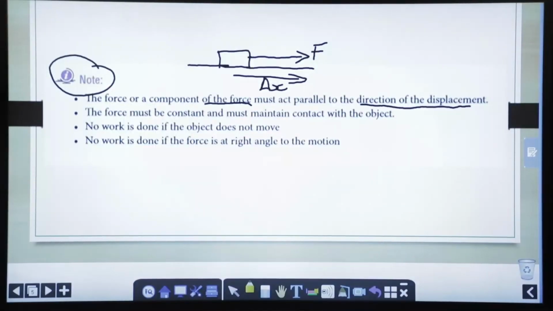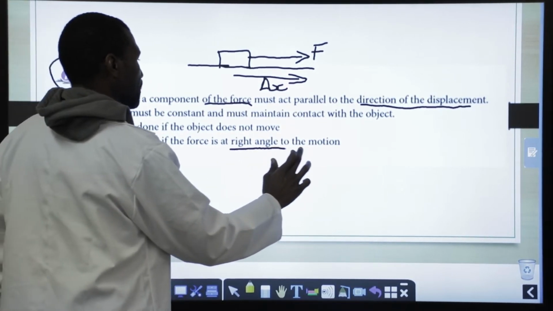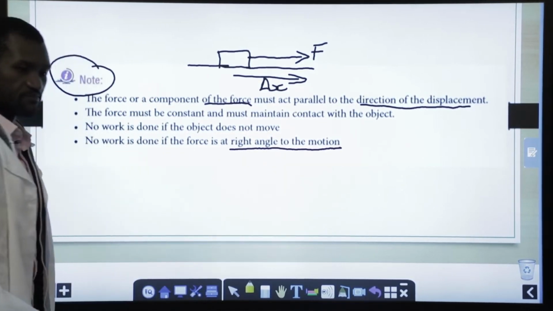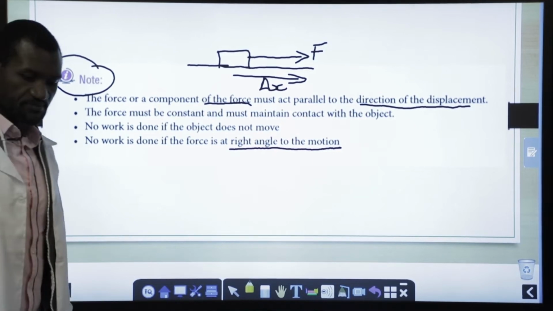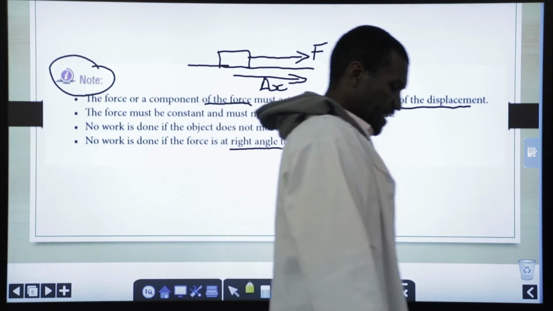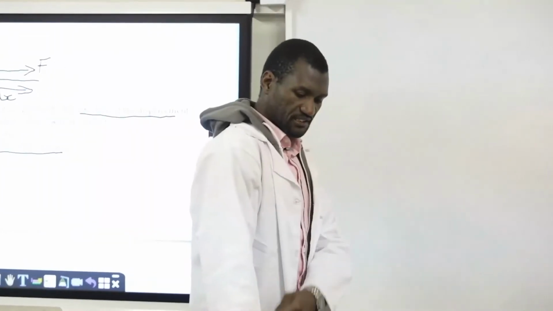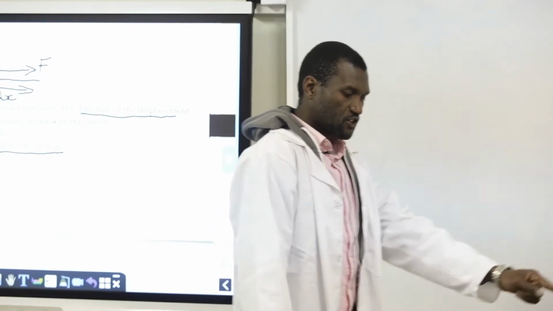No work is done if the force is at a right angle to the motion. In other words, if I am carrying a bag and the angle between the force upwards and the direction of motion is 90 degrees, it means therefore no work is done.